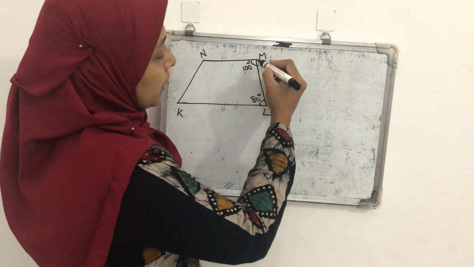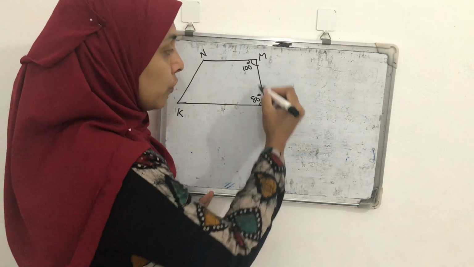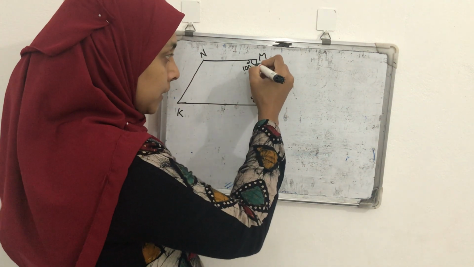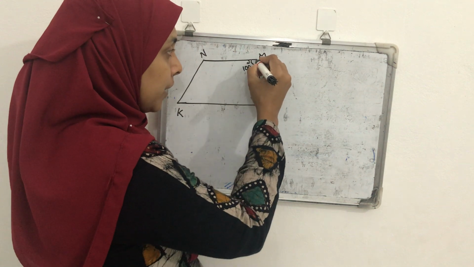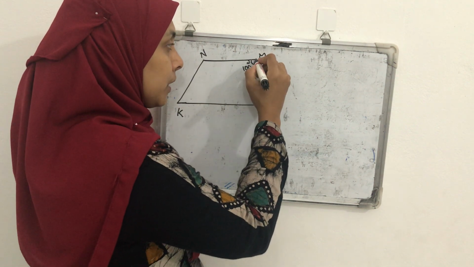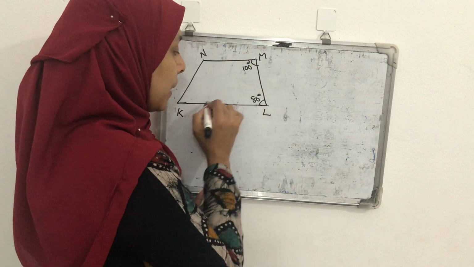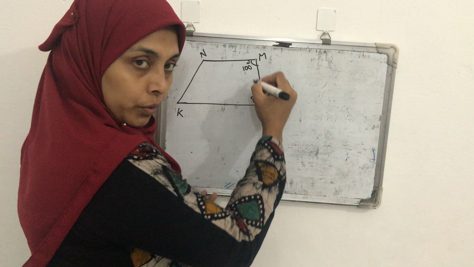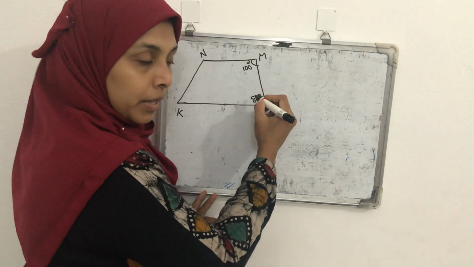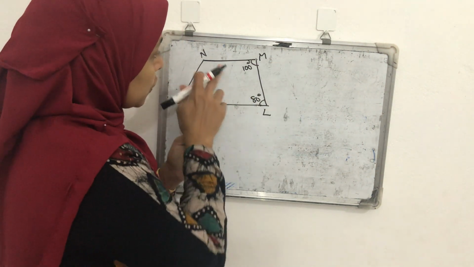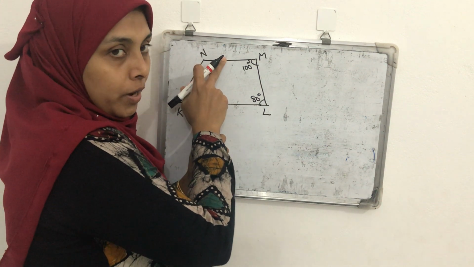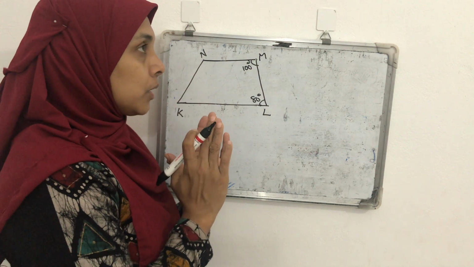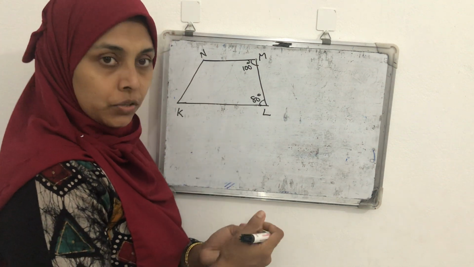So here we find that these two form a supplementary pair. If two lines are cut by a transversal and these two angles are supplementary, then we can prove that these two sides are parallel, using the properties of two parallel lines cut by a transversal.